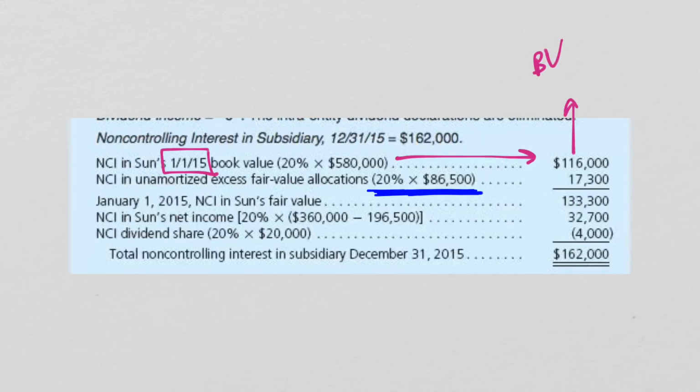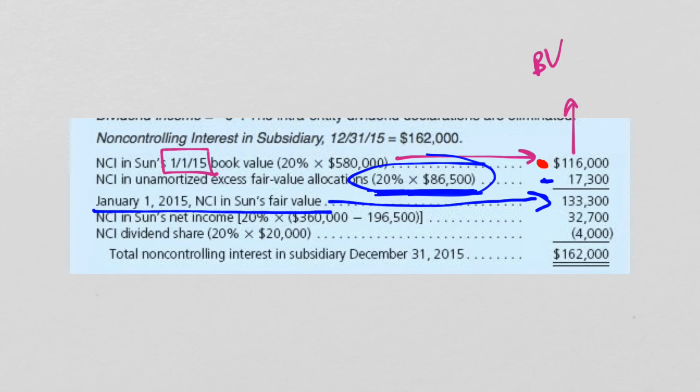That means that of the non-controlling interest portion, this is the book value, but we have to add the net differential, and in this case it's 20% here, or 17,300. And all of this, even though it sounds complicated, really is not too bad. It gives you the opening non-controlling interest portion for purposes of your consolidation, so you know where you stand.